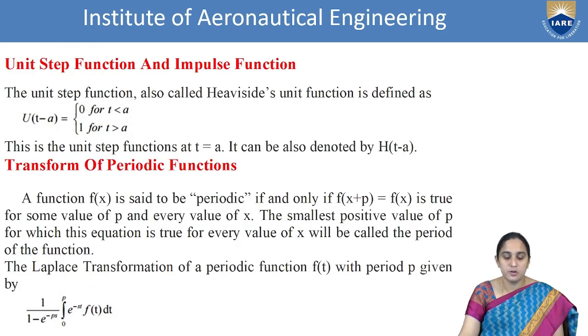Next topic, unit step function and impulse function. The unit step function is also called the Heaviside unit function. Heaviside unit function is defined as u of t minus a is equal to 0 if t is less than a, and 1 if t is greater than a.